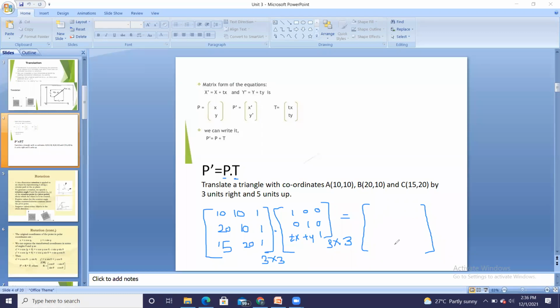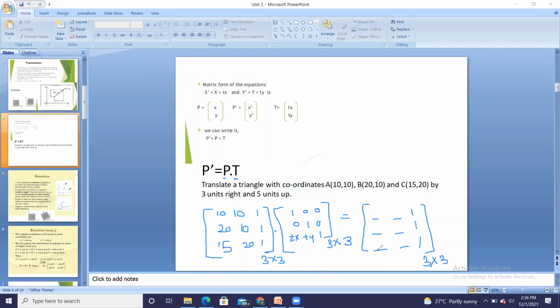So the ultimate value of P dash that we are going to get will also be 3 by 3, where the last column is always 1 because it is a homogeneous coordinate system. And these two will represent x1 dash, y1 dash. These two will represent x2 dash, y2 dash, and these two will represent x3 dash, y3 dash. Okay, so this is the resultant triangle you will get after translation.